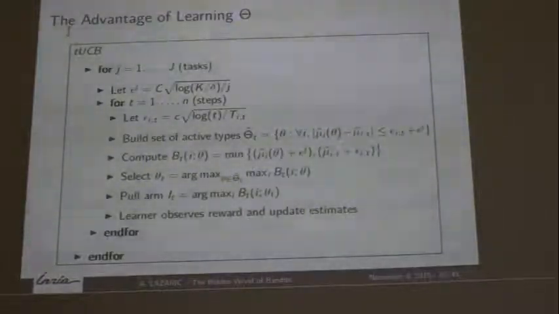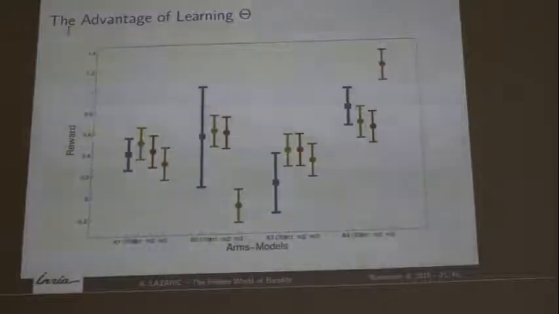And so at this point, again, I will skip the formal definition of the algorithm. I will give an intuition. Basically, it means that not only do we have our estimates of the current value of the arms for the current user, but we also come with an estimate of what the values are for the different types. Remember, this green, red, and brown were the 3 possible types of users.